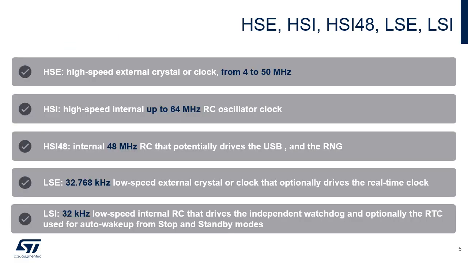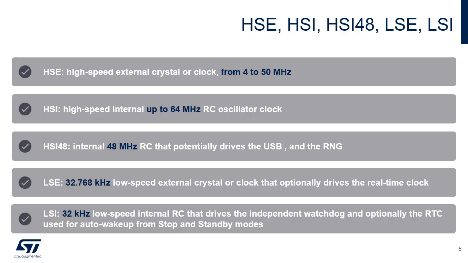This slide describes the features of 5 oscillators. The high-speed external oscillator provides a safe crystal system clock. The HSE supports a 4 to 50 MHz external crystal or ceramic resonator, as well as an external source in bypass mode. A clock security system automatically detects an HSE failure.